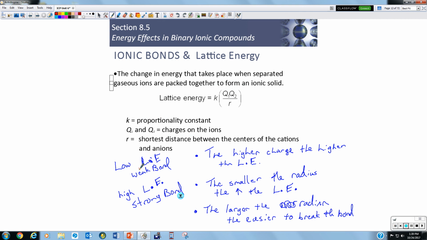All right. So I left this up from last year because I didn't want to rewrite all of this. Low lattice energy means a weak bond. High lattice energy is a strong bond. The higher the overall charge, the higher the lattice energy. The smaller the radius, the higher the lattice energy, and the larger the radius, the easier it is to break a bond.